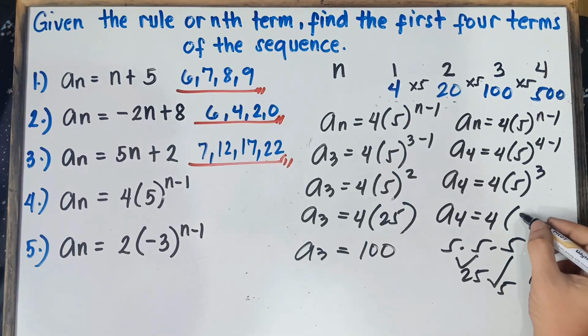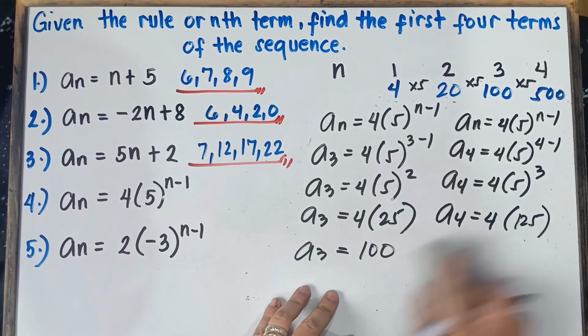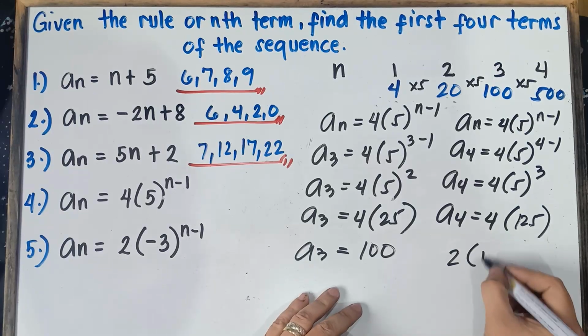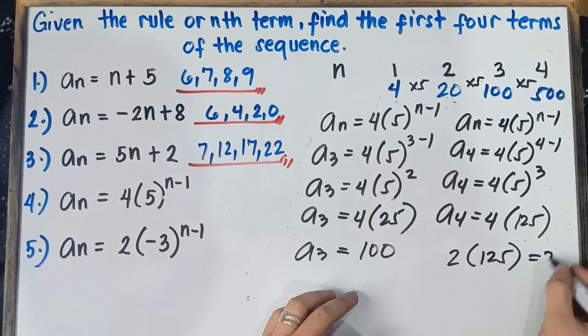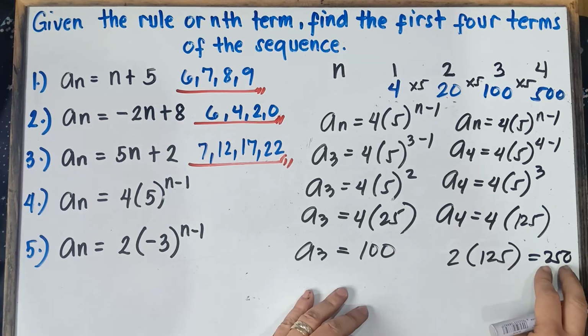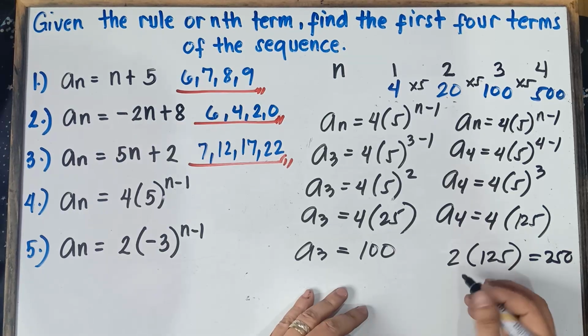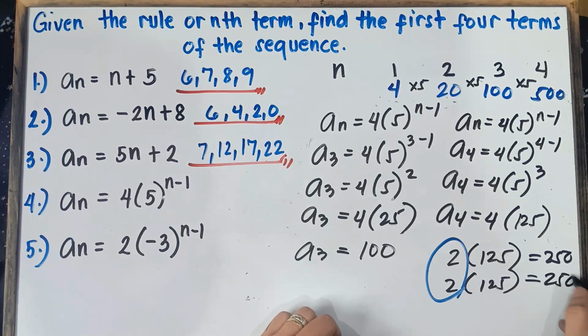So this is 4 times 125. Alright, and then 4 times 125, I think that's 500, right? Because 2 times 125, if you have two 125s, that would be 250, right? 125 plus 125, that would be 250. And if you have another two 125s, so we already have four 125s, this is 2 times 125, that would be 250. 250 plus 250, that would be 500, right?